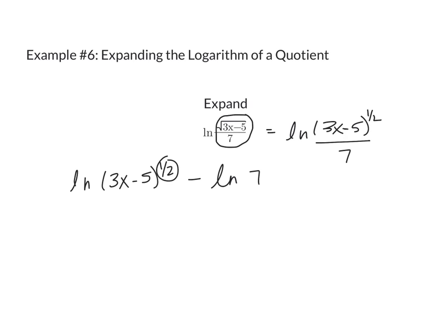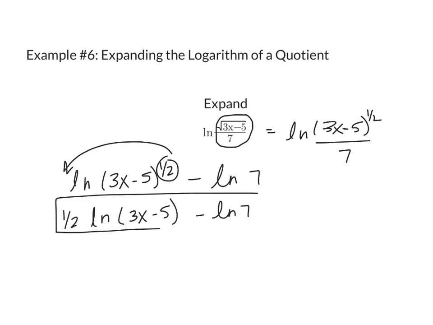The 1/2 will then just be moved to the front. So it gives me 1/2 times the natural log of 3x minus 5 minus the natural log of 7. And we are done with that problem. Let's take a look at our next problem.